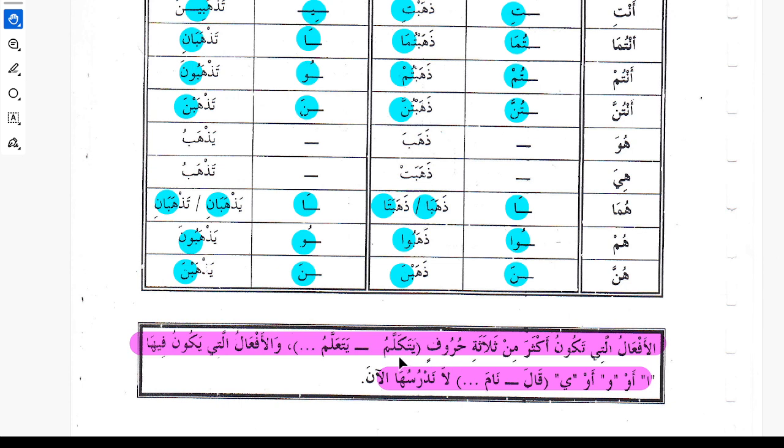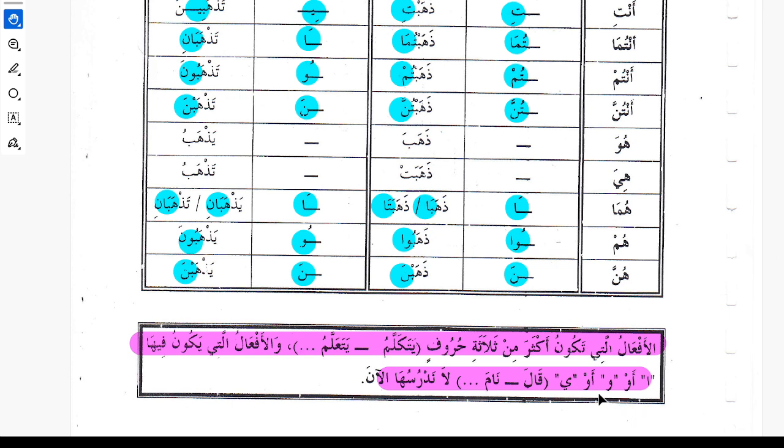But some verbs are different, like takallama, yatakallamu, ta'allama, yata'allamu. They are more than three letters.